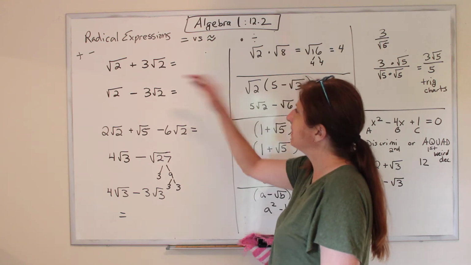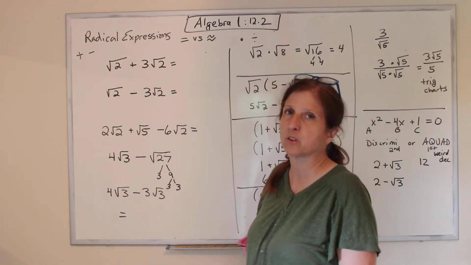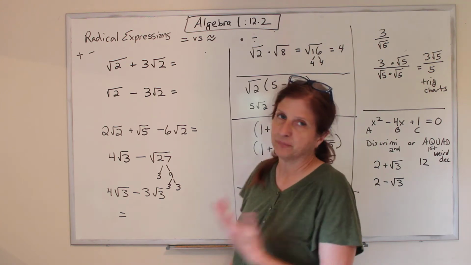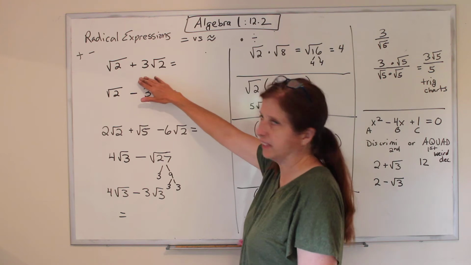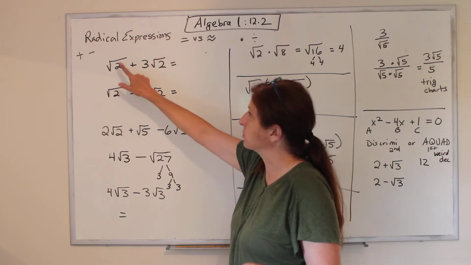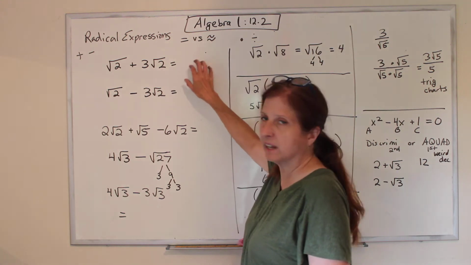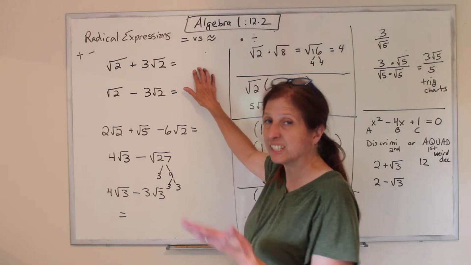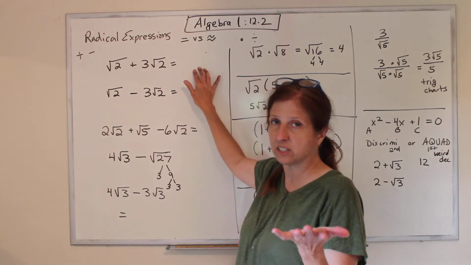Okay, so these are called radical expressions because they have a radical in them, the square root sign. Now then, when you have this, you can put this in your calculator, square root of 2 plus 3 times the square root of 2, and you would get a weird decimal that is considered incorrect. Why is it incorrect? Your calculator just told it to you.